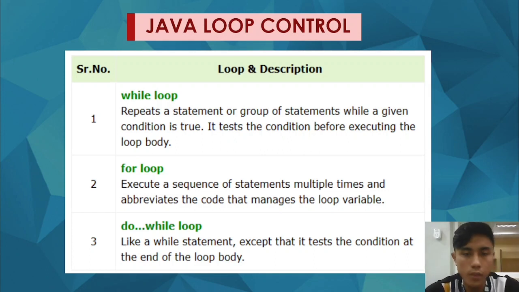the for loop. The for loop executes a sequence of statements multiple times and abbreviates the code that manages the loop variable. So in a for loop, you just have to execute a certain command whenever you want in multiple executions, and you can just break it if you want, while the while loop repeats a statement or a group of statements while a given condition is true.